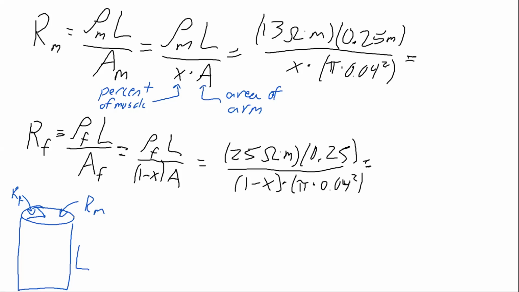Not including the X, this gives me about 647 over X. And the other one, 25 times 0.25 divided by pi times 0.04 squared, gives 1,243. Okay, so we get the resistance here.